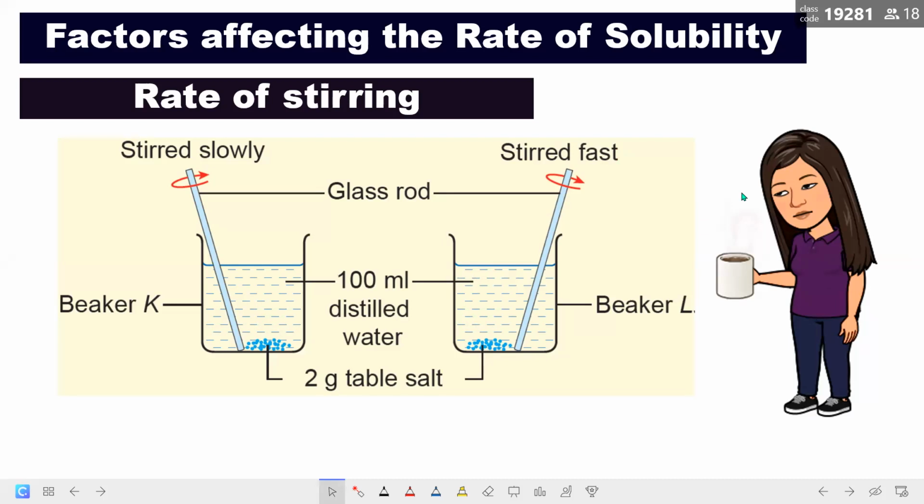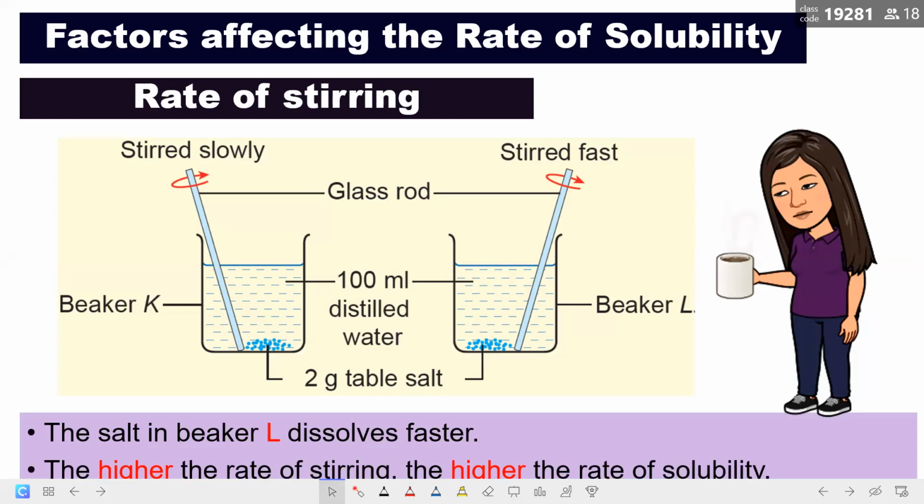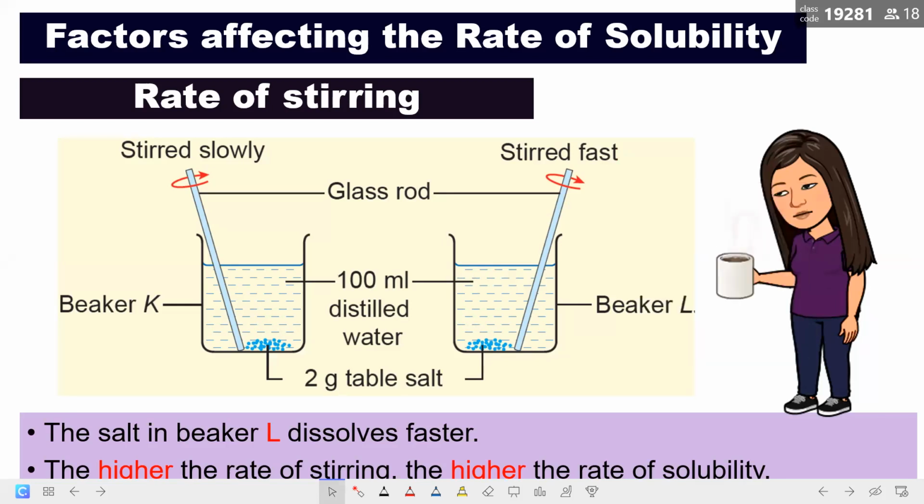When you mix it faster, very good. So beaker L will dissolve faster, obviously, because I'm stirring it fast. So the higher the rate of stirring, the higher the rate of solubility. Very good, so many of you are listening and paying attention.